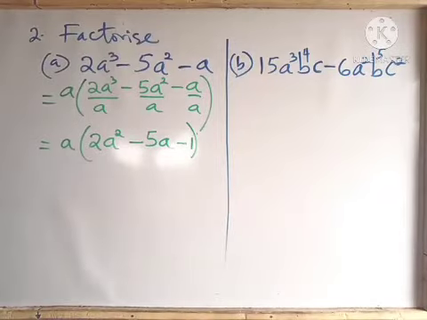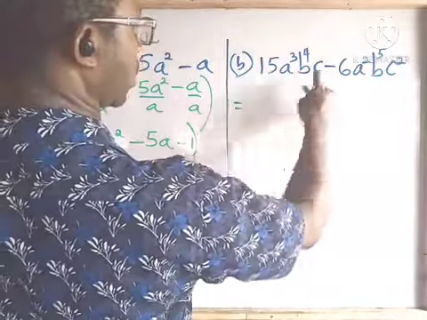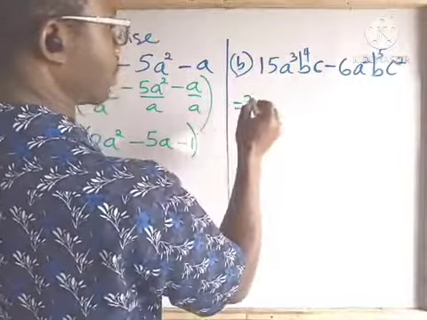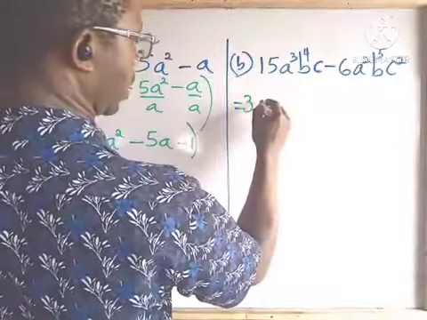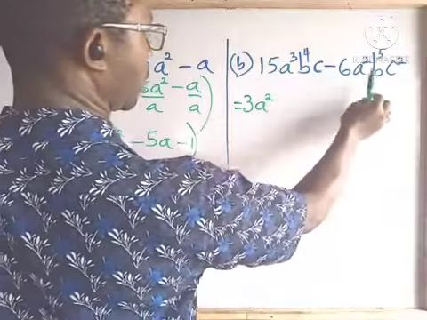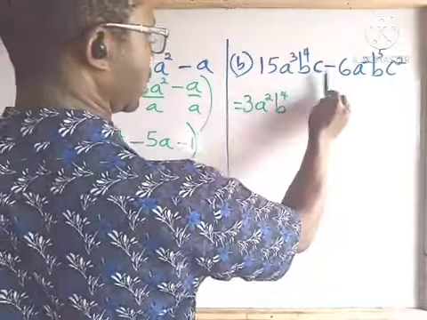If you look at the second one, you will see that looking at the numbers, something is common, and that is 3. Look at the a. A with the lower power is the one that is common, so a squared. Look at the b. B with the lower power is the one that is common. Look at the c. C with the lower power is the one that is common.